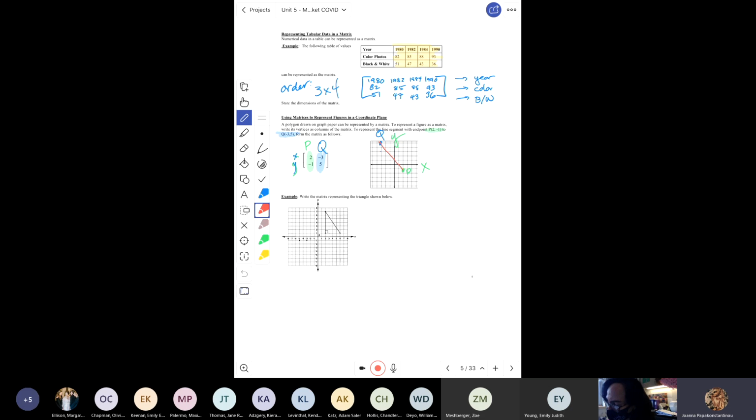Now, what if I say, okay, I have a right triangle and I want to represent the right triangle's ordered pairs, values of the coordinate points, as a matrix. Again, I want to have a matrix where I have, well, let me call this A. That's point A. That's point B. This is point C. And they each consist of an X and a Y value.